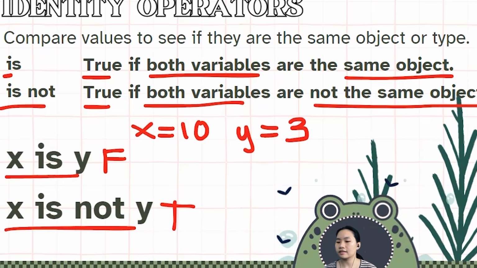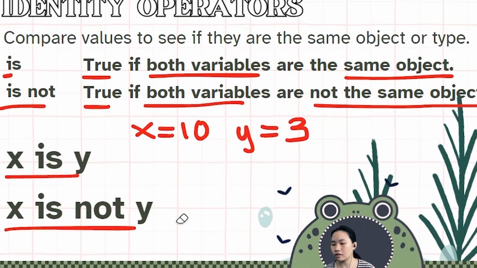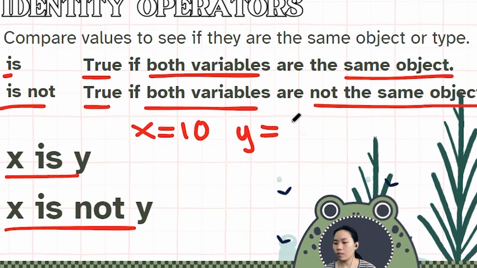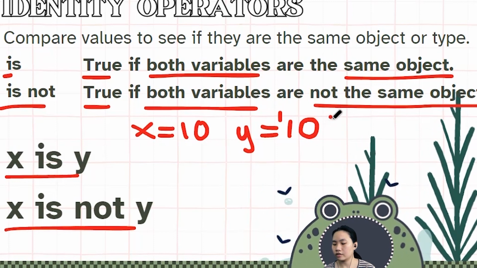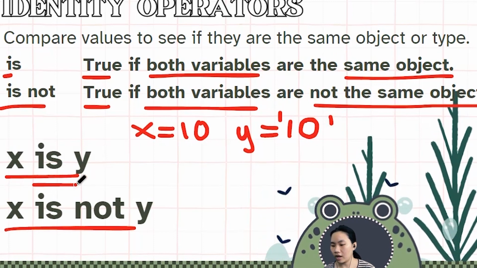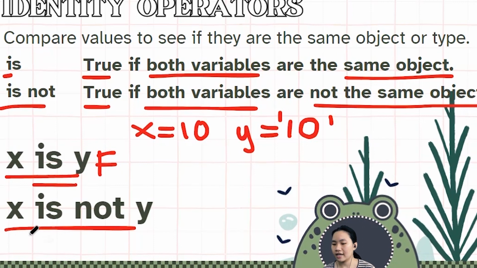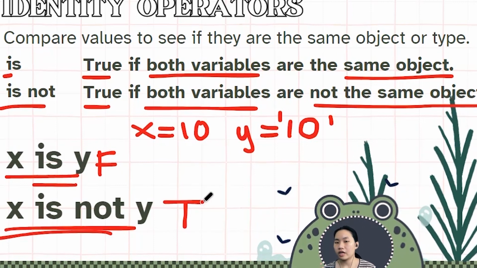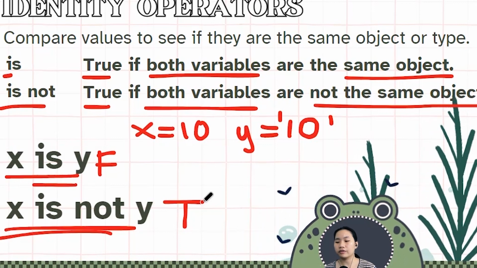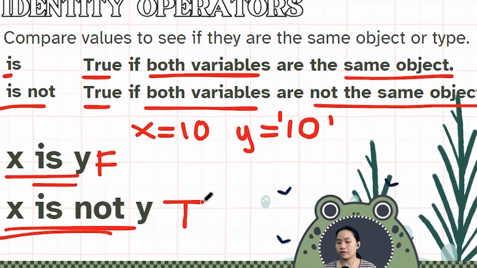Now, not only does this apply to different values, it also applies to different types. Now, I'm going to make y exactly like x, but I'm going to make it a string. Now, x is y will return false, and x is not y will return true. Even though they are of the same value, they are of different types, okay?